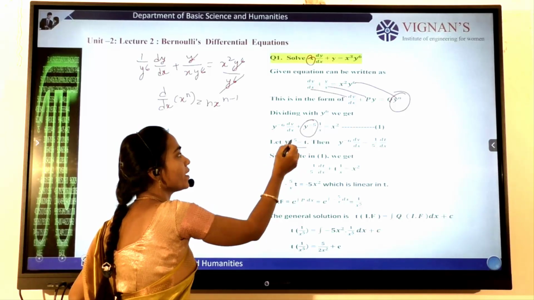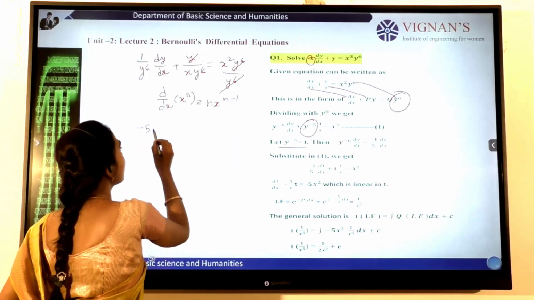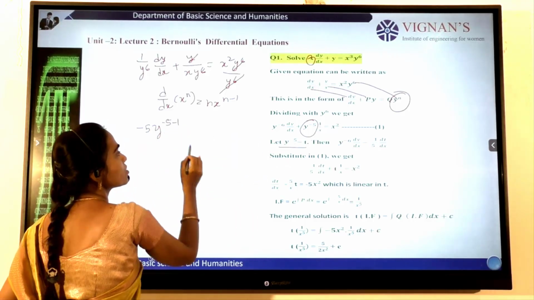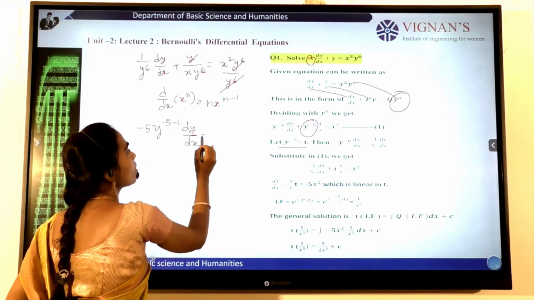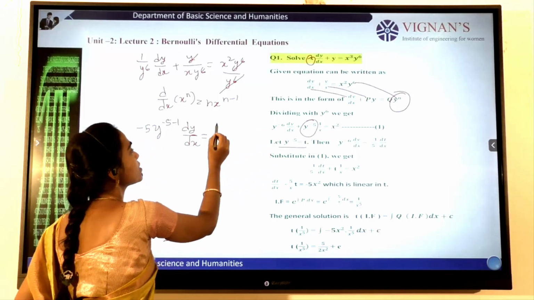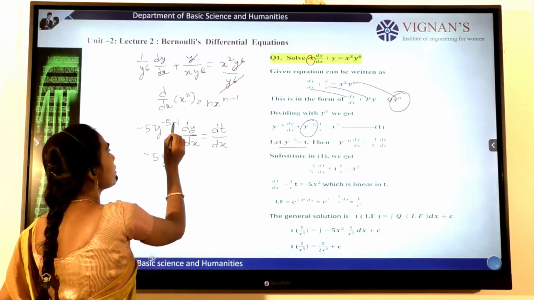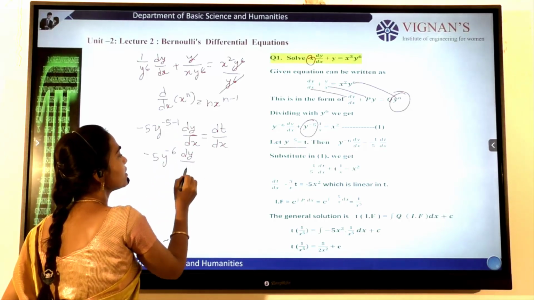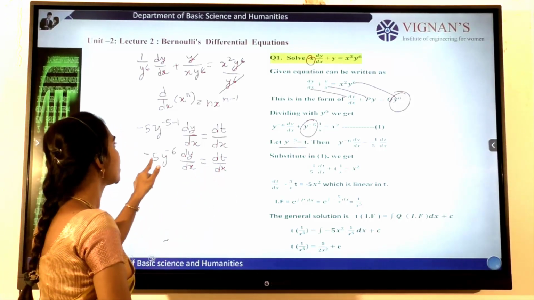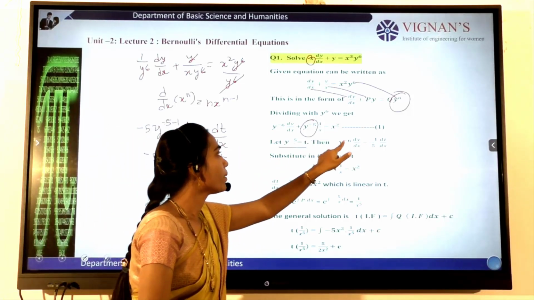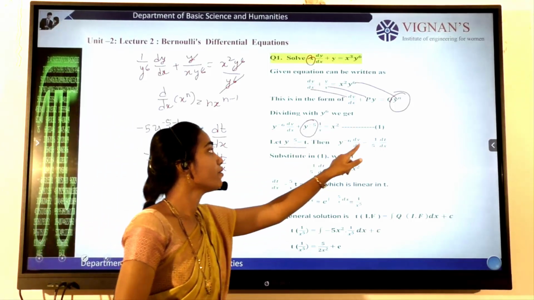So we get minus 5 into y power minus 5 minus 1, because we are differentiating with respect to x, we have dy by dx, and on the right hand side we get dt by dx. This becomes minus 5 y power minus 6 dy by dx is equal to dt by dx. On dividing with minus 5, we get y power minus 6 dy by dx equal to minus 1 by 5 dt by dx.